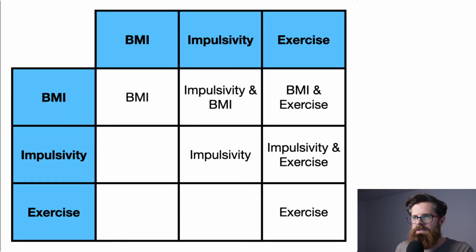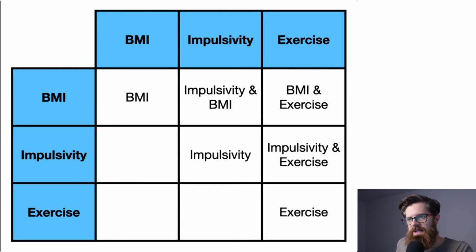Now, one of the things I wanted to talk about here is to think a bit about the structure of the literature review. So what I've done here is to provide an example. Let's say that you were interested in three main things: body mass index, impulsivity, and exercise.